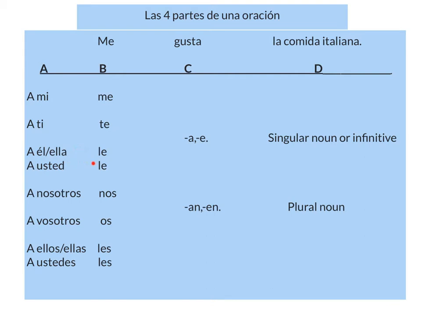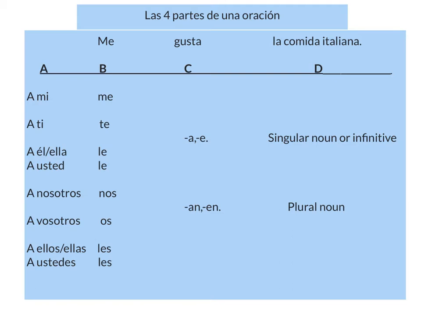A usted, le. A nosotros, nos. A vosotros, os. A ellos, a ellas, les. And a ustedes, les. So parts A and B work in unison. If you have part A, you need to have part B, and both these parts help us figure out who likes, loves, is fascinated, interested, or bored by something.